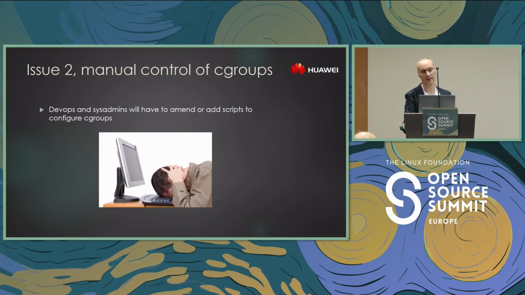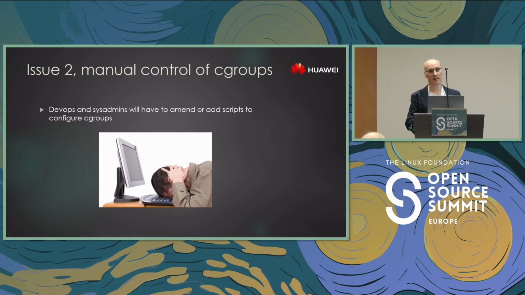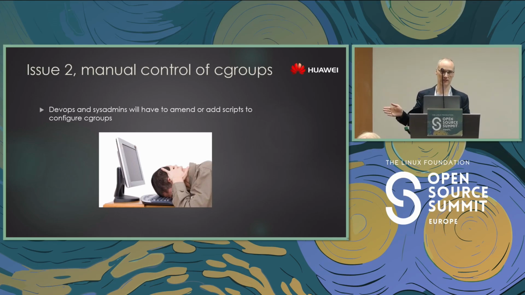If they accept this patch, in 6 months somebody may submit another patch with another knob for C groups. In 10 years we may have 100 knobs, and that will be unworkable for sysadmins.